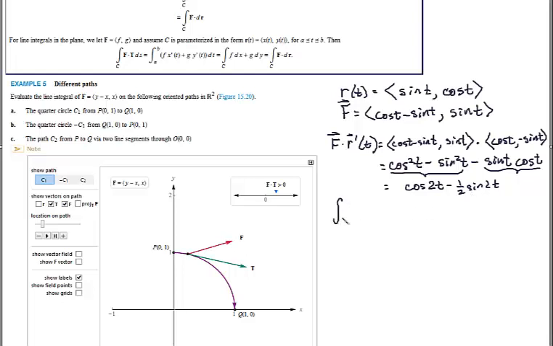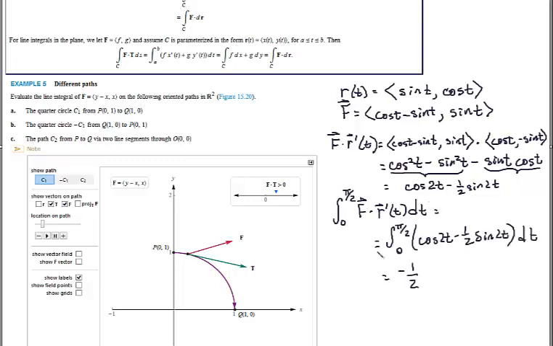Now I'm to do the integral of this from 0 to pi over 2, because I'm on the quarter circle, of my F vector dot product this derivative of my r vector, and I'm going to integrate that and see what we get.